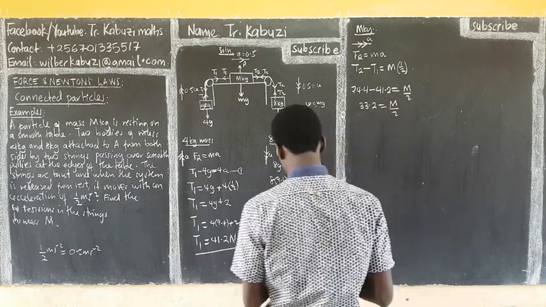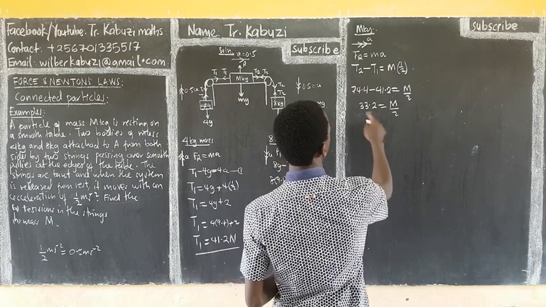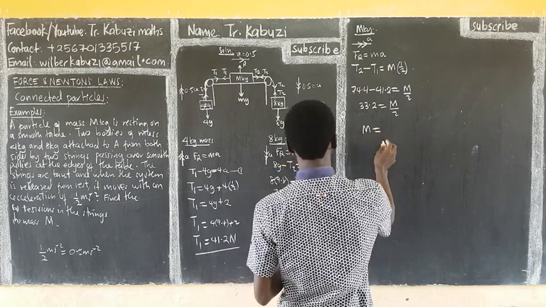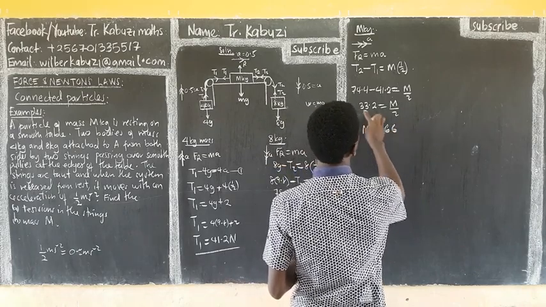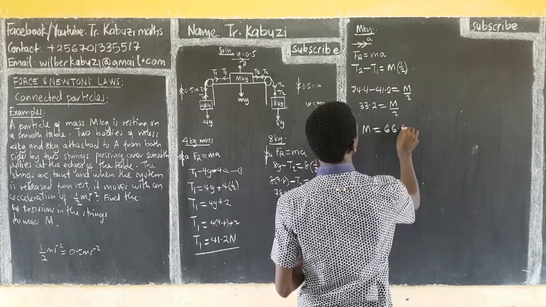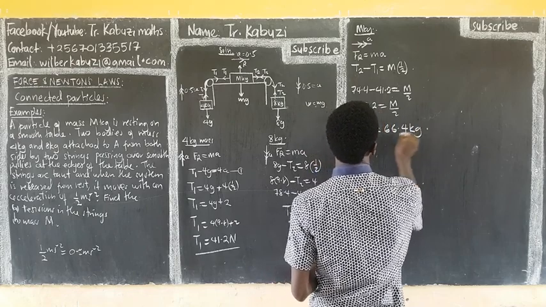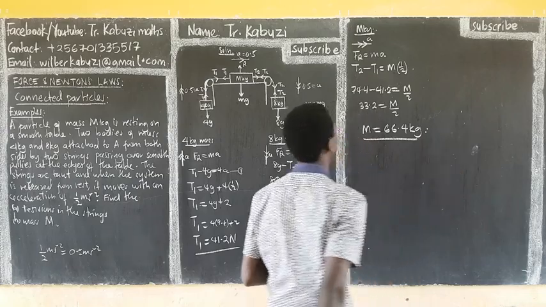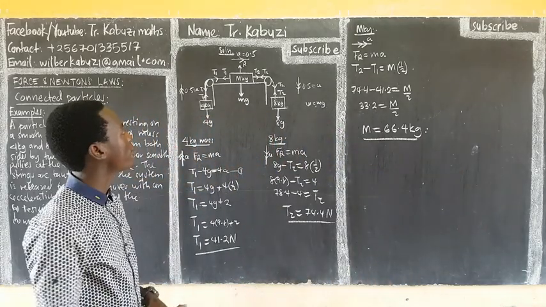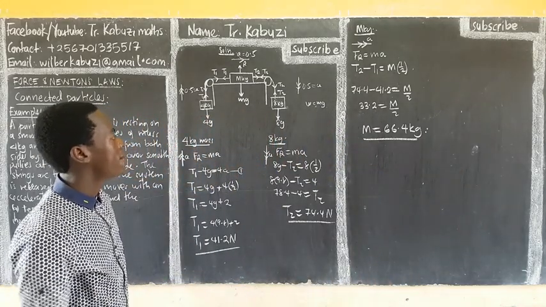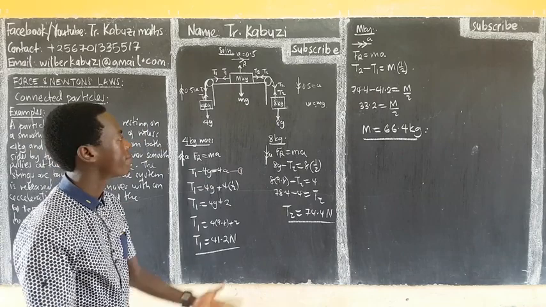Multiplied by 2, if you cross multiply, our mass will be 66.4. Then this is 8 kilograms. And life is very easy, easier than what you expect. So that's going to be our mass.